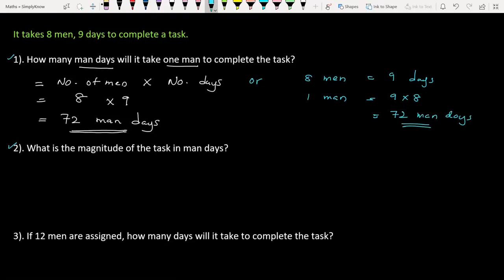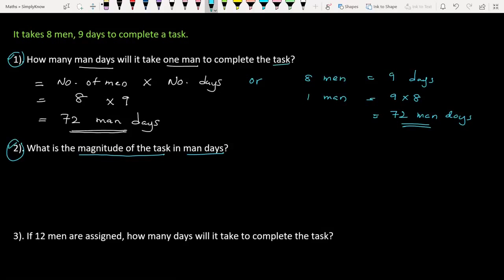The second question, what is the magnitude of the task in man days? Now this question number 1 and 2, they refer to the same thing. Because magnitude of the task means number of days taken by one man to complete the task.